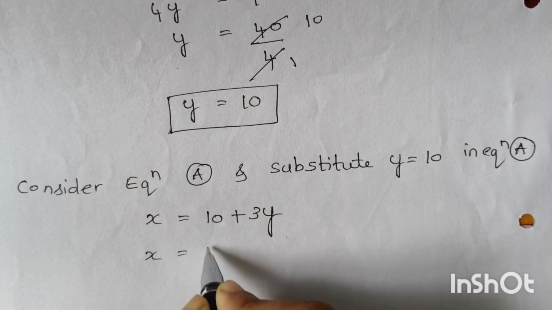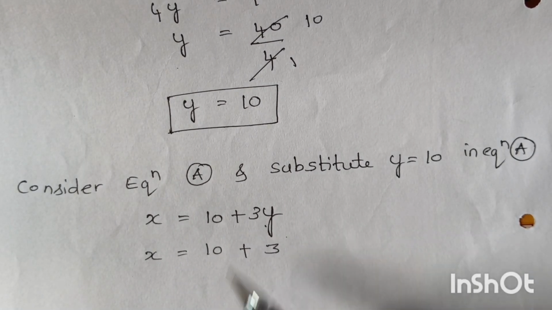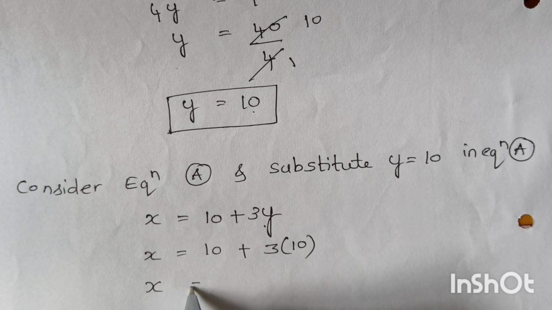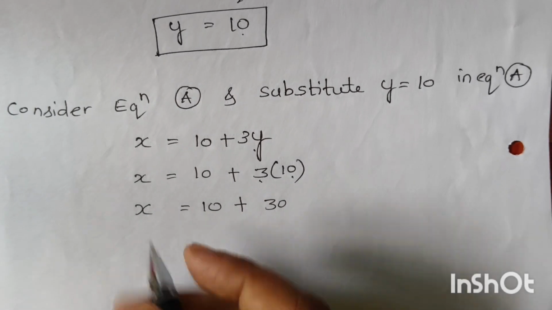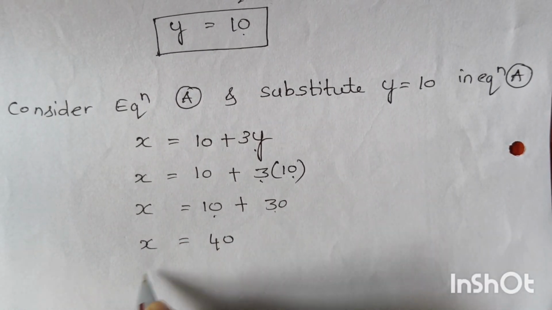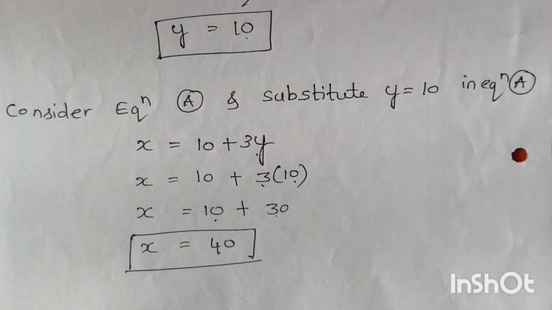X is equal to 10 plus 3. In the place of y, let us write 10. X is equal to 10 plus 3 tens are 30. X is equal to 10 plus 30 is 40. We got the value of x also.